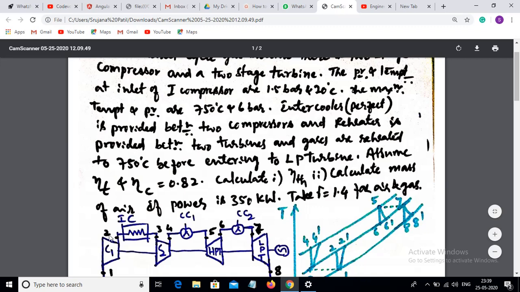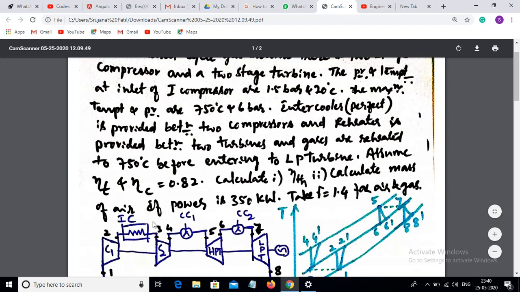At pressure P2 and temperature T2 dash, it enters the intercooler, where the temperature will be decreased to T3, such that T3 is equal to T1, the initial temperature.